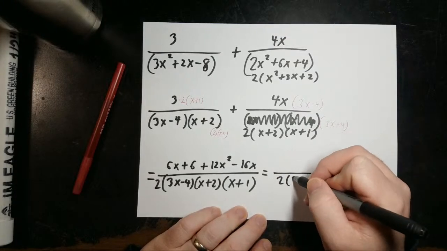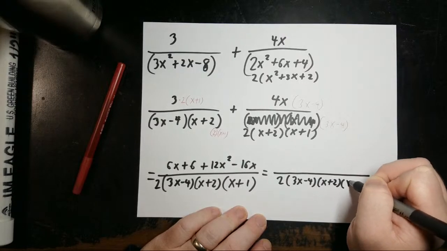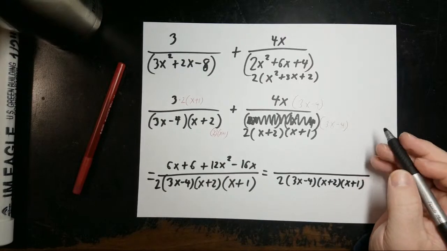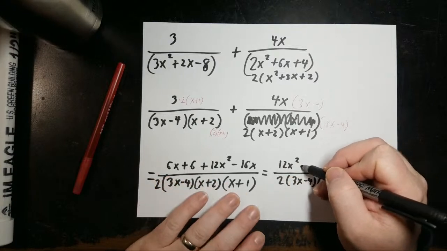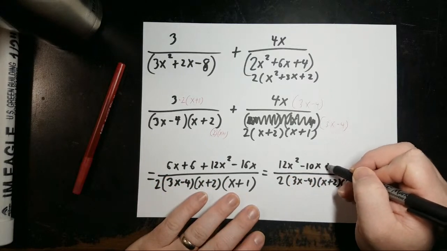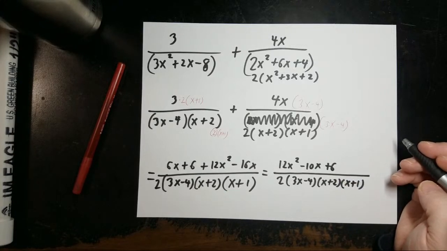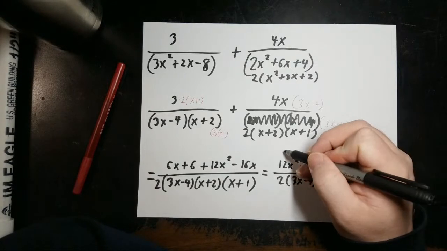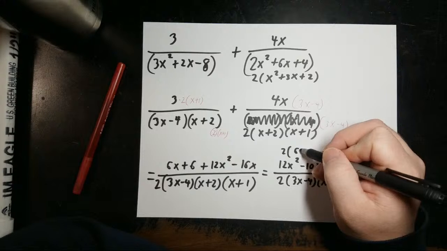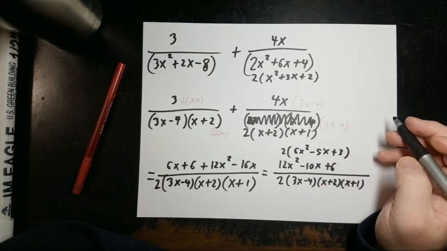The denominator, again, is going to remain the same. The numerator, 12x squared, oof, minus 10x plus 6. Man, let's see if we can factor that. Take a 2 out. Becomes a 6x squared minus 5x plus 3.